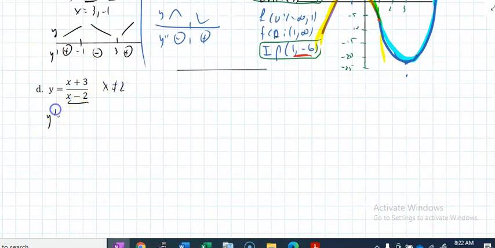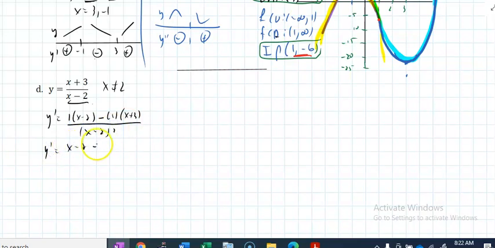So if we take a derivative, derivative of the top times the denominator, minus derivative of the denominator times the top, all over the denominator squared. Y prime is x minus 2 minus x minus 3 over x minus 2 squared. Y prime is negative 6 over x minus 2 squared.